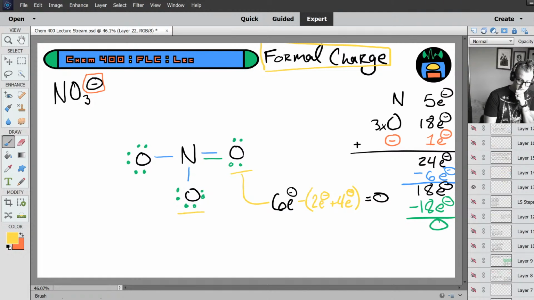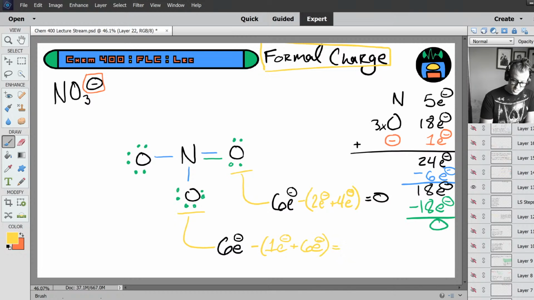Let's take a look at this oxygen. 6 valence electrons, because that's true for all oxygens. Now, minus, we have one bond, so we get 1 electron per bond, plus we have 6 electrons in lone pairs. So this oxygen has a formal charge of -1, because 6 minus 7 is -1. When you calculate the formal charge for this third oxygen, it comes out the same, -1.